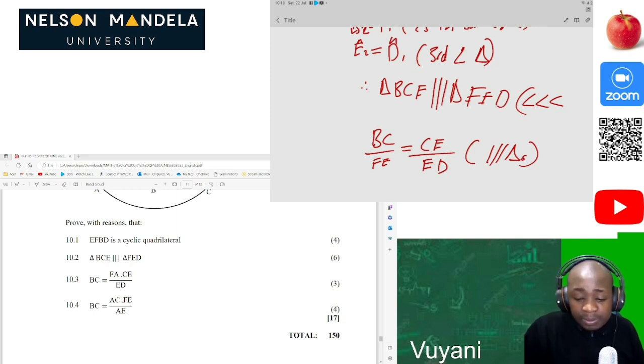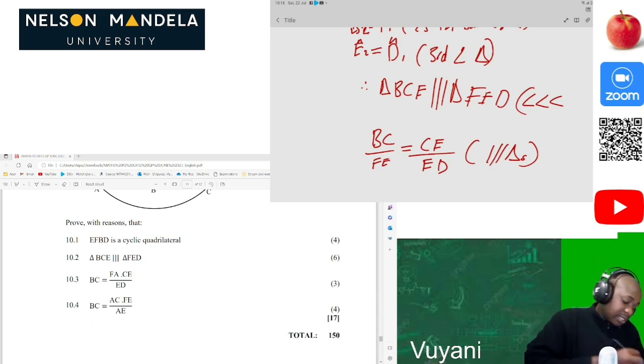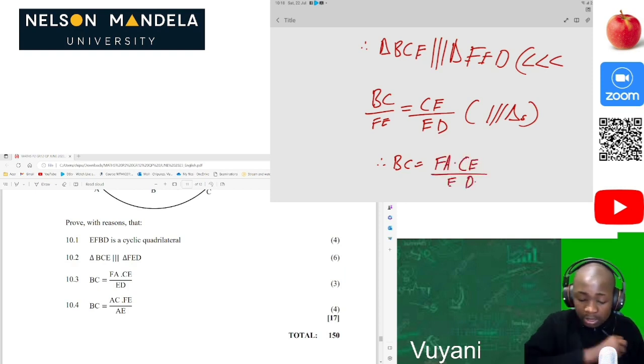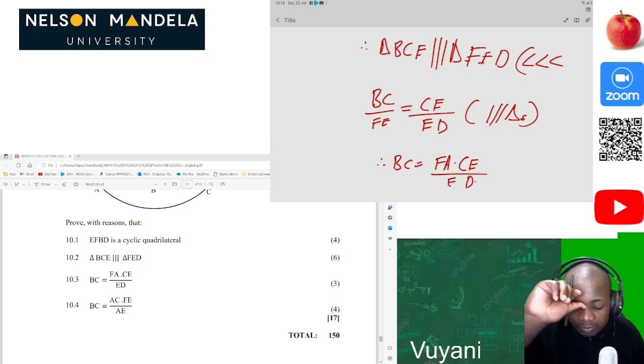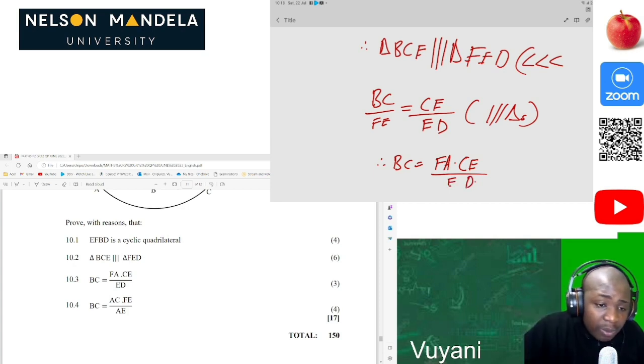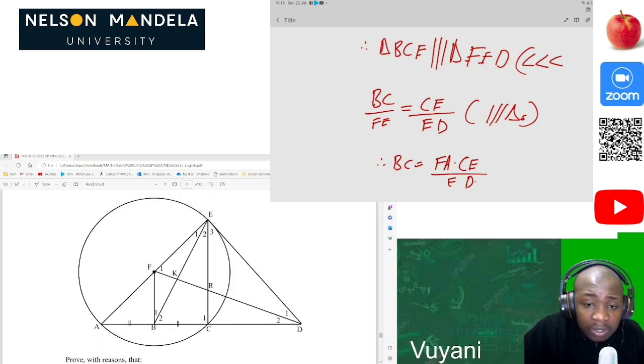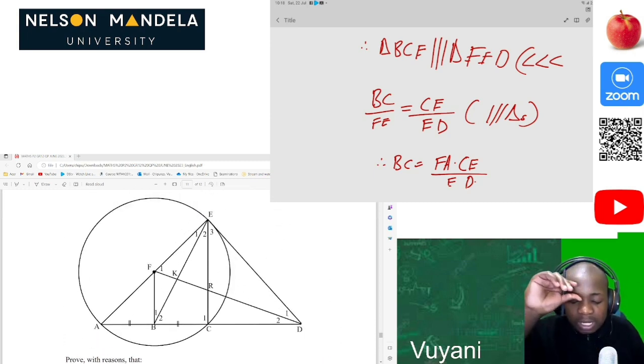Then we make BC the subject of the formula, so BC is equal to FA times CE divided by ED. We're happy because we know that FA and FE are equal to each other. Why are they equal to each other? Someone asking even now.